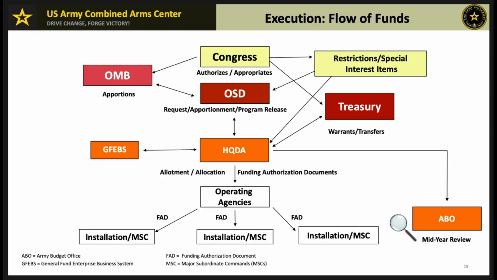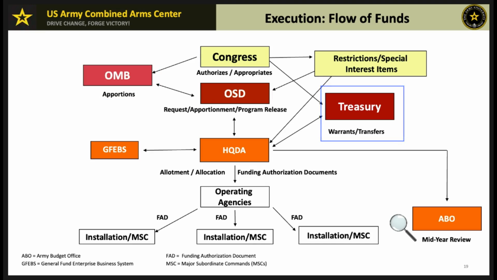This slide illustrates the Army Resource Management System, detailing the flow of funds from Congress to Army installations. After Congress authorizes funds, the Office of Management and Budget, OMB, apportions them, followed by the Treasury issuing a warrant to release the funds.